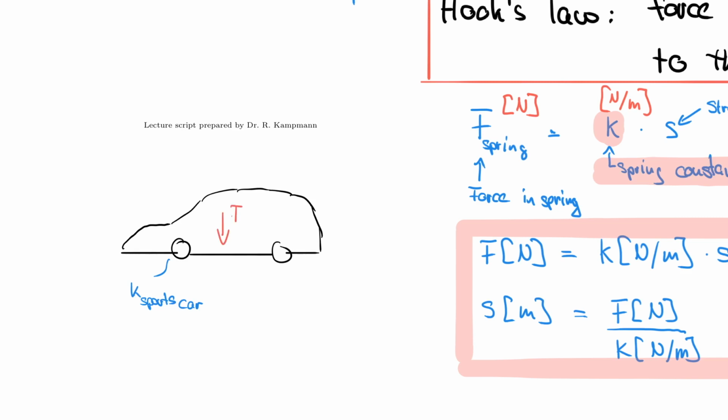So here's F student, and you can just use your own weight for this. And this you can Google. Then ask yourself, what happens if the student steps into the car? How much does the car displace? Because once the student is in the car, you probably end up with the entire frame a little bit lower. So that would look something like this.